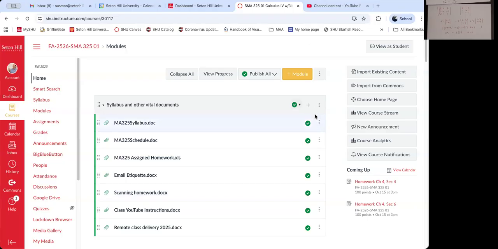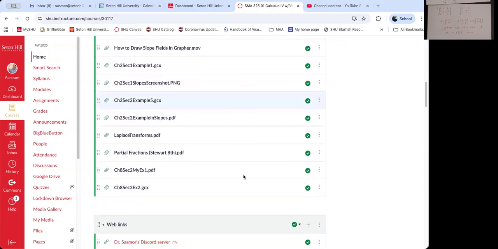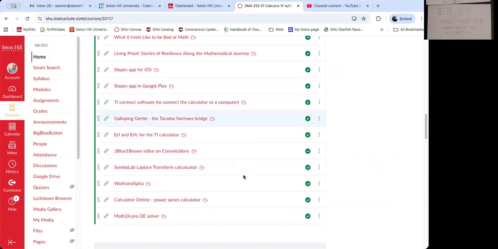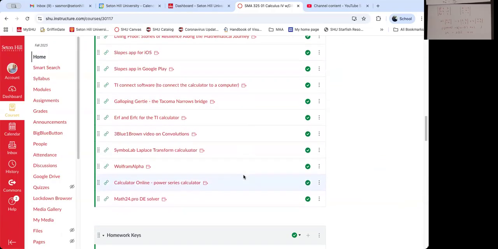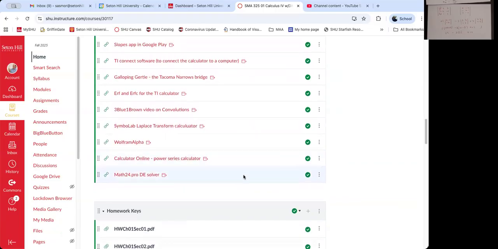I am going to tell you, though, that because I'm the kind of guy who really doesn't like doing a lot of this stuff by hand over and over and over and over, one of the websites I listed, in addition to Wolfram Alpha, way down there at the bottom, says math24.pro differential equations solver. People, check your work.